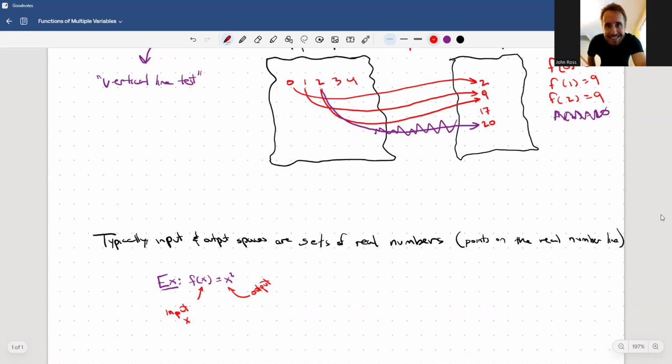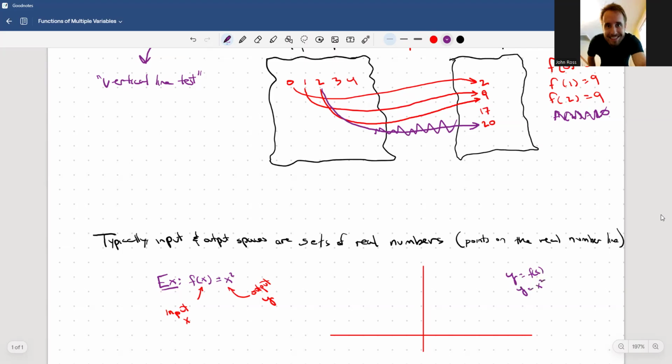My output numbers are identified with the real number line that is the y-axis. And so if I have an x-axis and a y-axis drawn here, then my function can be graphed using the equation y equals f of x, or in this case, y equals x squared.